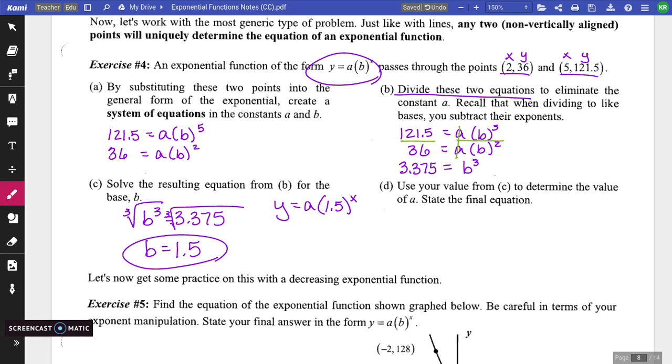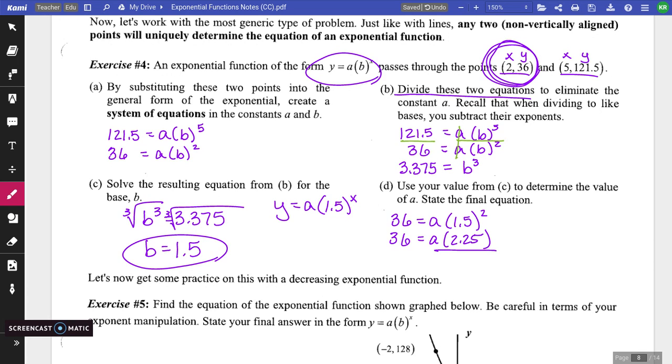To do that, we were given 2 points to start with. I'm going to use the 2 and 36. So again, we have an x and a y. So if I plug in those values, the y is 36 equals, I don't know the a, 1.5, and the x is 2. So this becomes 36 equals a times 2.25.